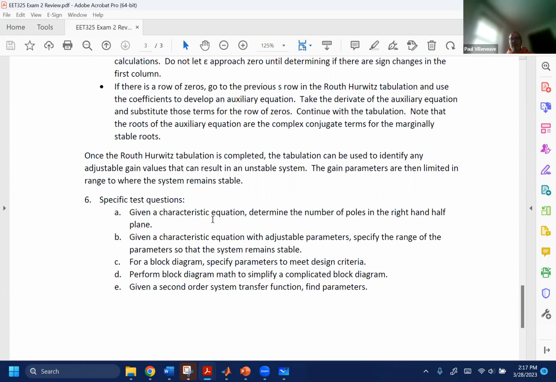Part D is to do some block diagram math to simplify a more complicated block diagram. And then the last one is if I give you a second order transfer function, find zeta, find omega sub n, find percent overshoot, find settling time, find peak time, that type of stuff would be the parameters that you would calculate.